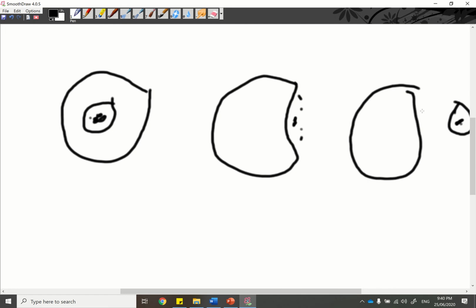It comes towards the cell membrane and fuses with the cell membrane. And now it forms a vesicle inside the cell. So that's exocytosis and endocytosis. And that's basically all the types of transport a cell can do. Pretty cool stuff.